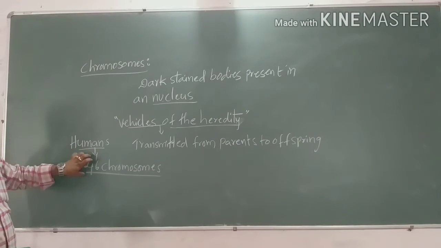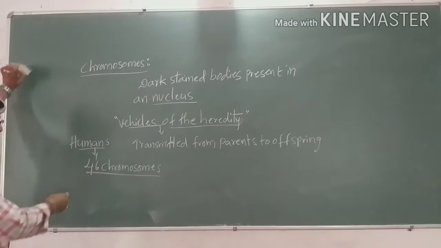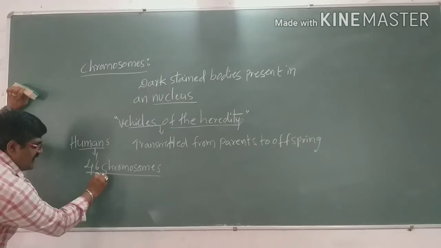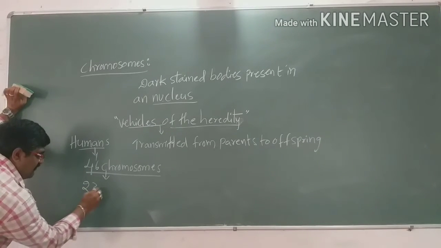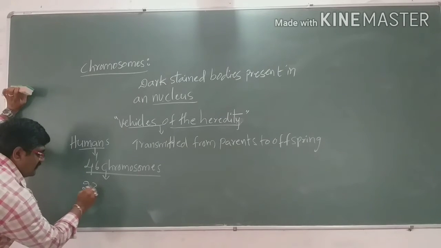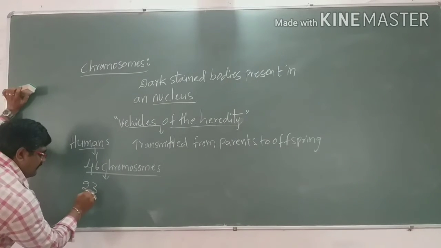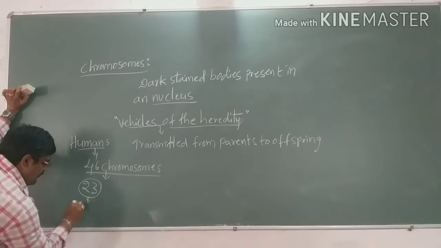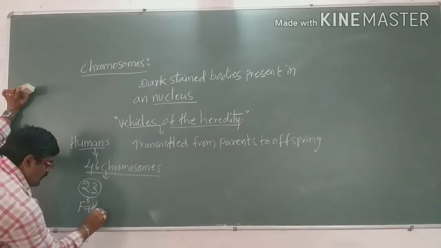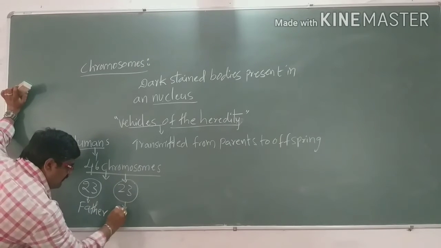Of these 46 chromosomes, 23 chromosomes come from the father and 23 from the mother.